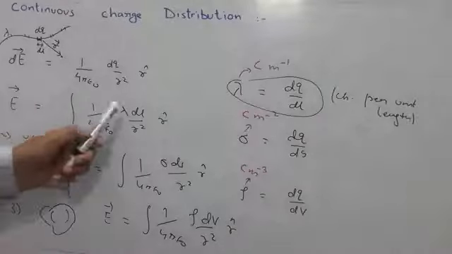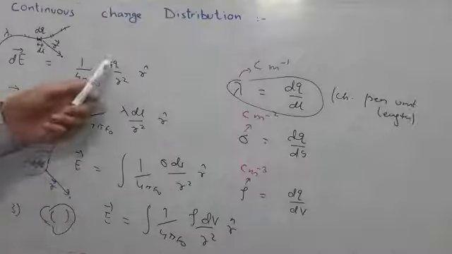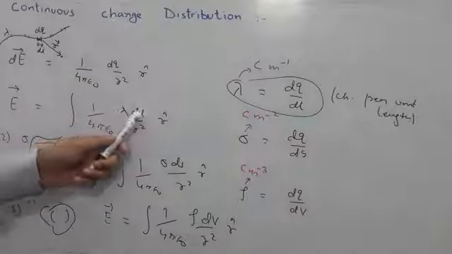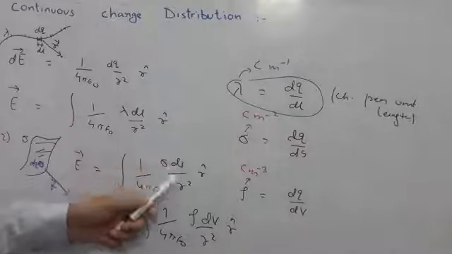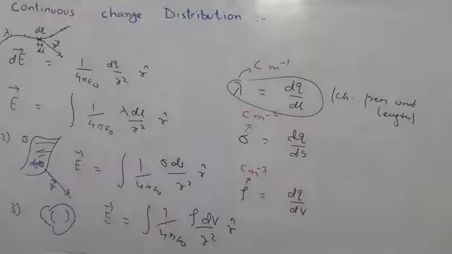Just remember, as and when desired, dq you can write as lambda times dl, sigma times ds, or rho times dv. So these are the different charge configurations which are needed, and we will use them for discussing the applications of Gauss law. Let's see the applications one by one.